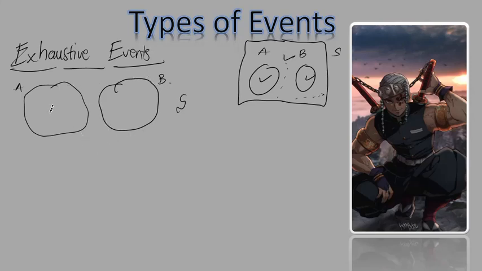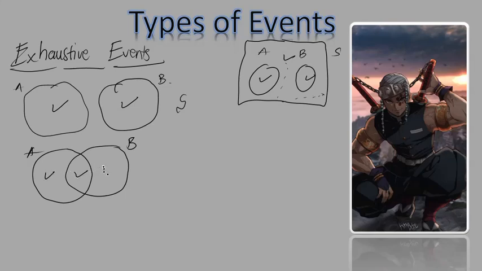Another situation might be this one, where you have event A and event B, and something exists either here, here, or there, and that's your whole sample space and nothing else. We call these exhaustive events, which means the two events exhaust the whole sample space. There's nothing outside those two events.